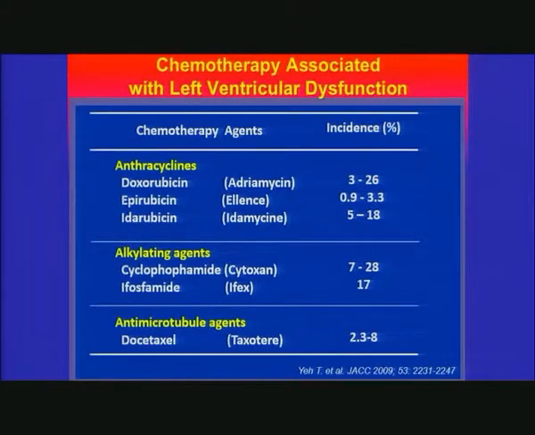This slide shows chemotherapy associated with left ventricular dysfunction: anthracyclines, alkylating agents, and antimicrotubule agents. As you know, adriamycin is the most popular anthracycline, with an incidence of LV dysfunction up to 26%. The alkylating agent cyclophosphamide has an incidence of LV dysfunction up to 28%.